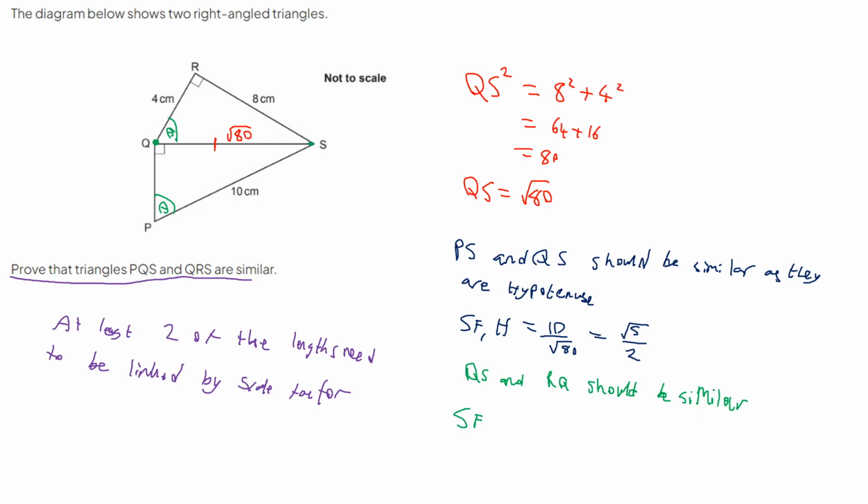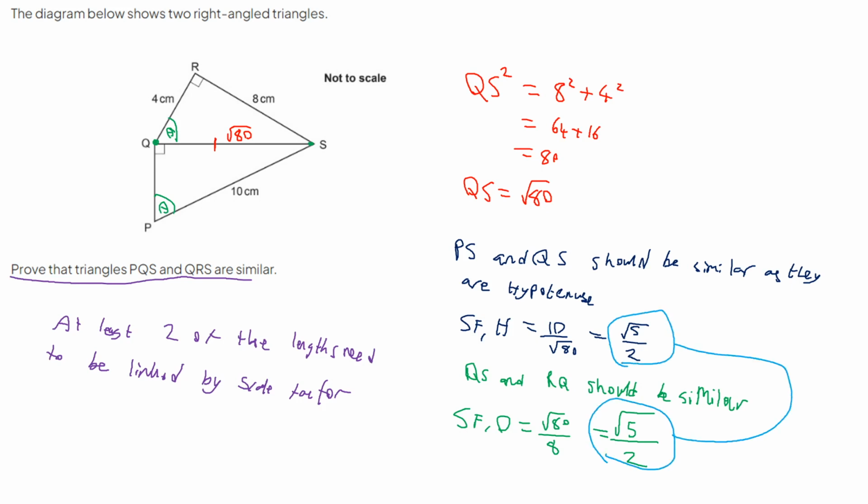So scale factor of the opposite is just going to be root 80 divided by 8, which gives me an answer of also root 5 over 2. I can't talk. And then because the scale factors are the same, they are similar.